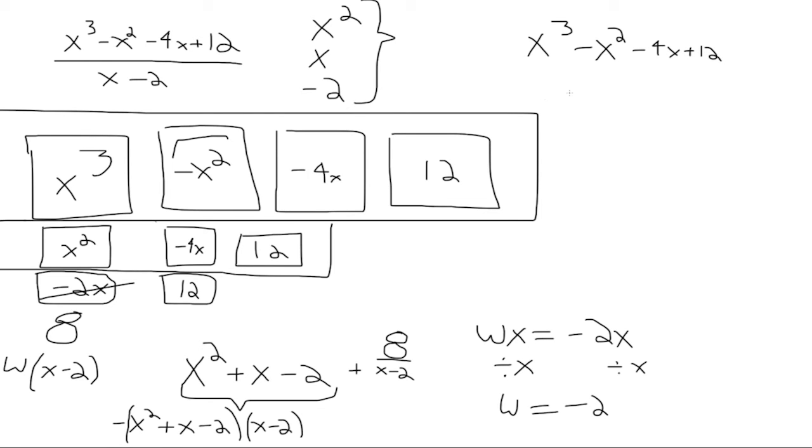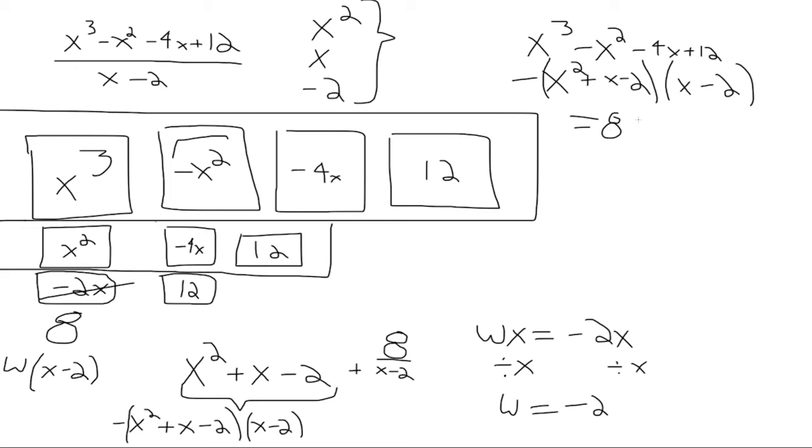And we subtracted x squared plus x minus 2 times x minus 2, right? So basically what I did was I recorded all of the different things that we multiplied by x minus 2 to get rid of the x cubed, the x squared, and so on. That's what we subtracted from it, and we ended up getting 8, right?